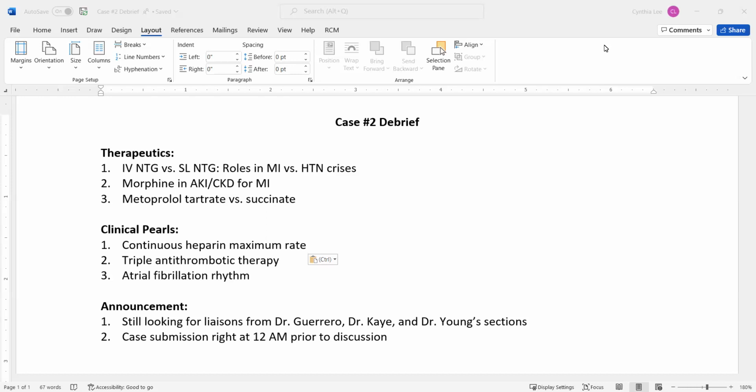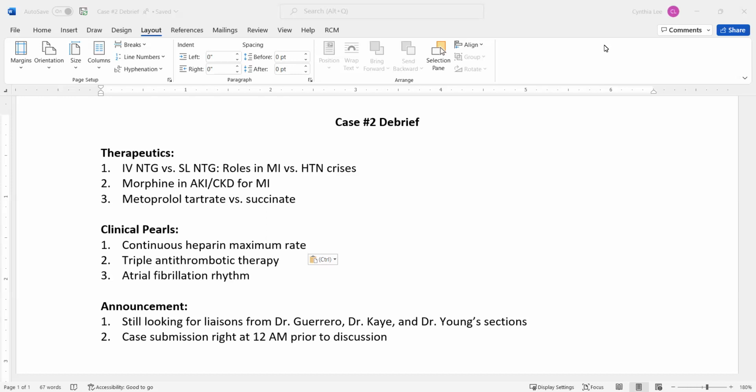When we first start the heparin dose, you have the units per kilo per hour, and you also have the max dose of 1,000 units per hour for MI. But if the patient has already been on it and you're just adjusting the rate, then you can actually go over. So the maximum rate only applies for the initial therapy when you just started.